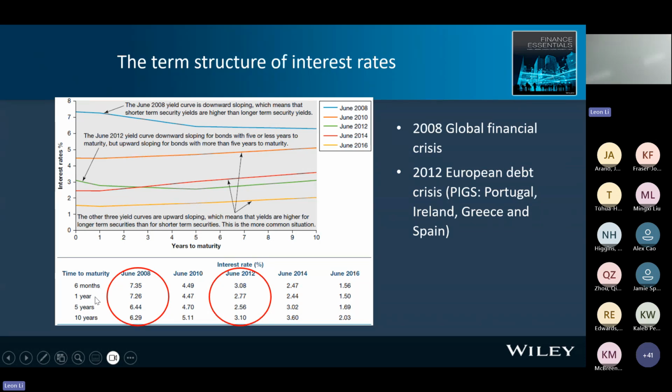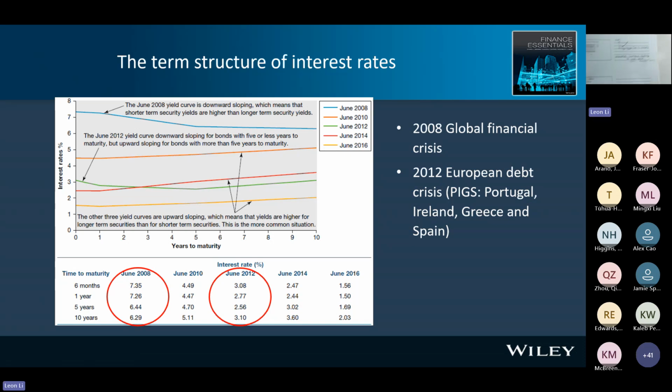We have 6 month rate, 1 year rate, 5 year rate, 10 year rate. You can see the 10 year rate, the long-term rate, is lower than the short-term rate. So when we have a financial crisis, we can see the inverted yield curve. For example, the 2008 global financial crisis and the 2012 European debt crisis.